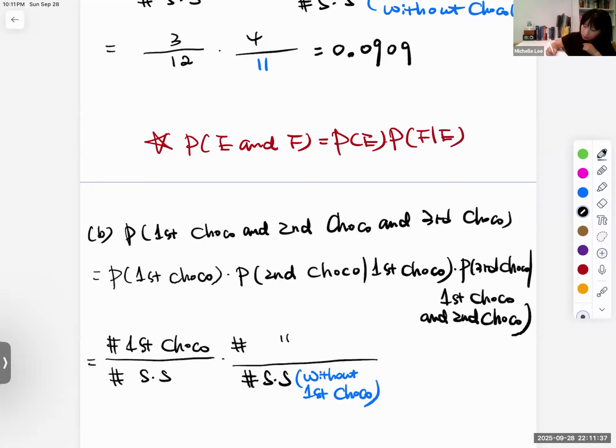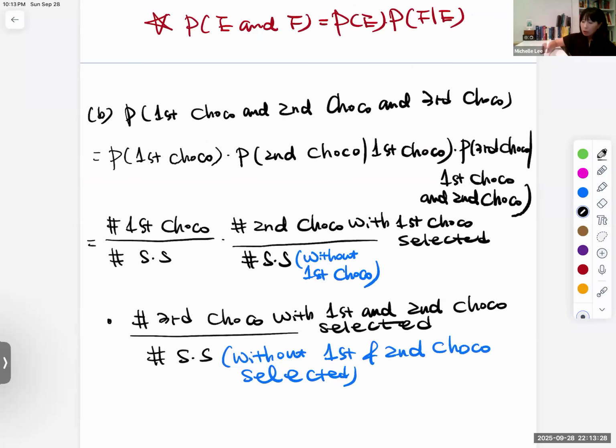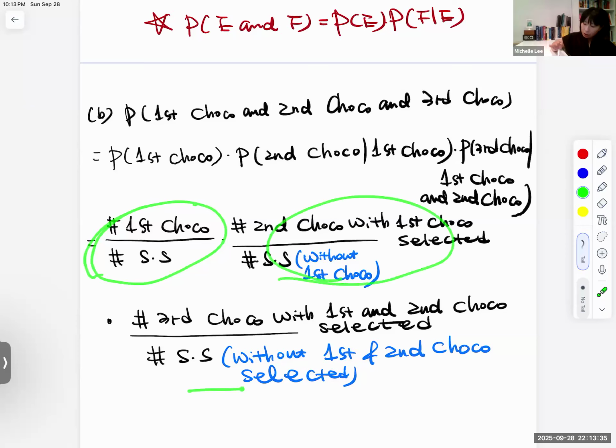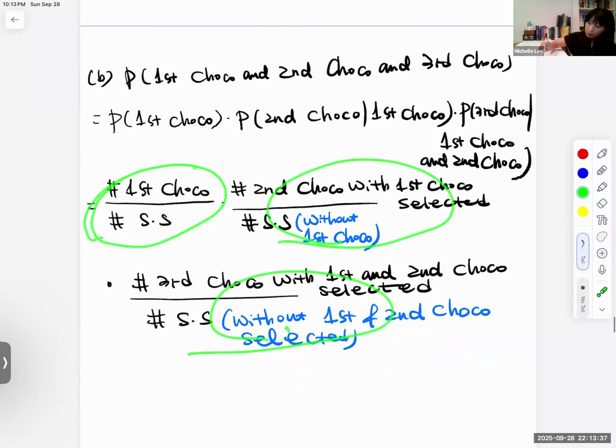And times the number of third chocolate with the first chocolate. Let me erase and then write it out, okay? Okay, so I wrote down everything here. So let's talk about that.